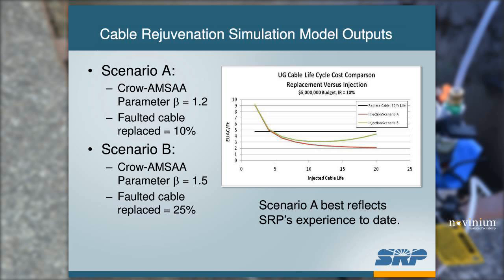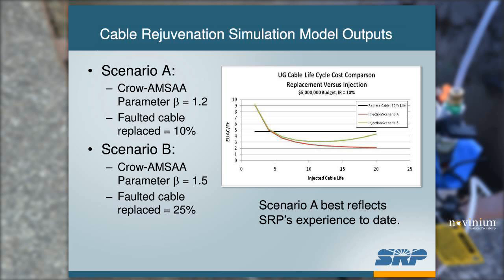But what we like to run the different scenarios for is mainly on the back end, to see if we lose economic advantage. What you see in scenario B is that if we start to experience these types of fault rates and we start to replace a greater amount of cable, we could run into a point in time where we become economically unfavorable.